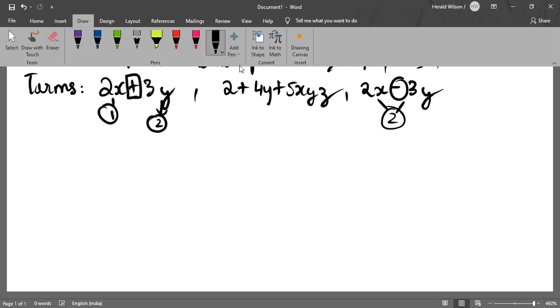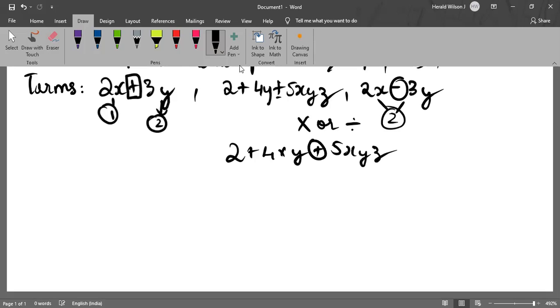Terms are separated with plus or minus operation sign, and we identify terms by looking at the plus or minus sign that separates them. See, if there is a multiplication or division sign, it doesn't make a difference, because if you see 2 plus 4 into y plus 5xyz, this cannot help us understand that this is a term.